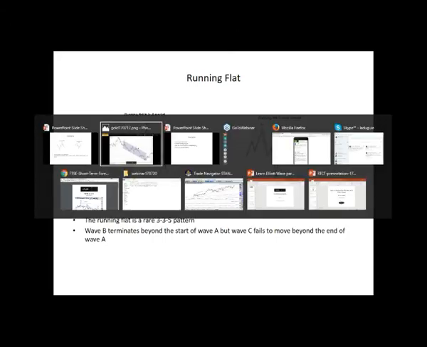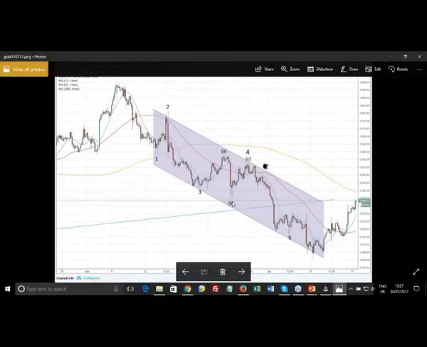And this is exactly what happened on gold. You can see wave B makes a new low, and then wave C ends below the top of wave A. So this is the pattern we have here. We have a running flat, and wave 4 ended here, where wave C is.